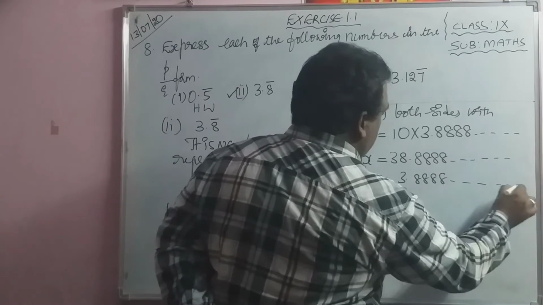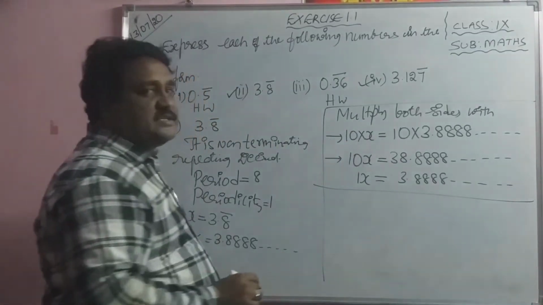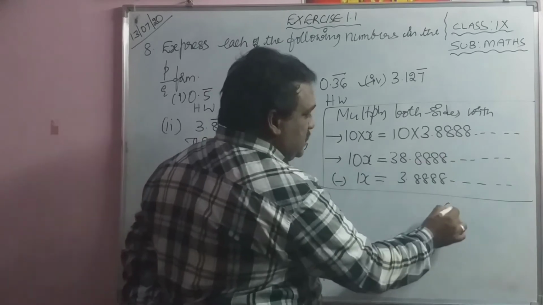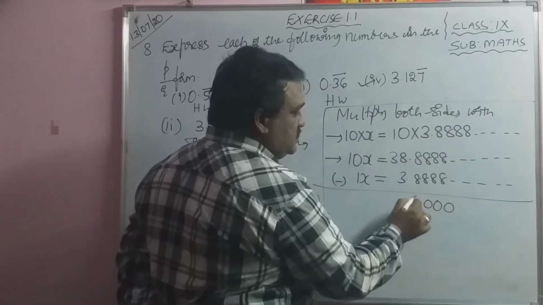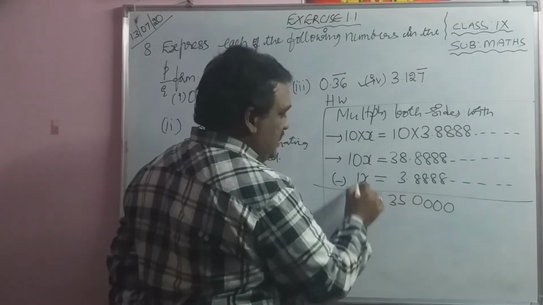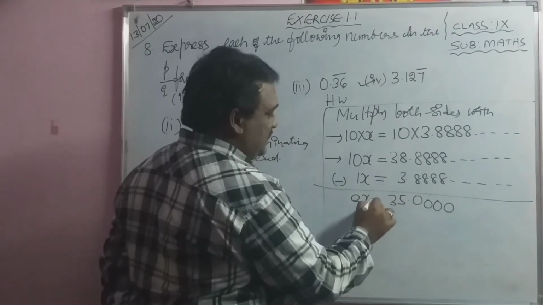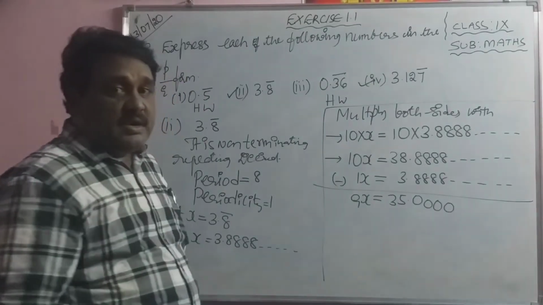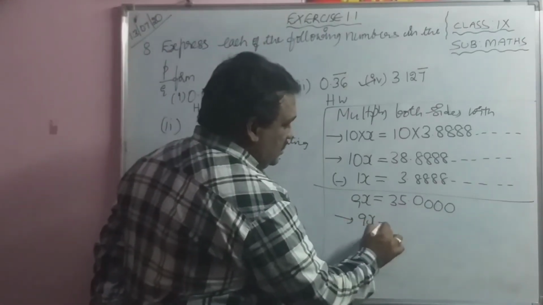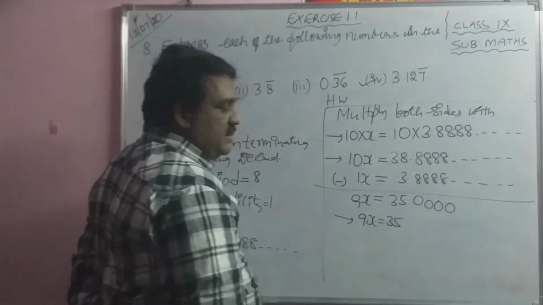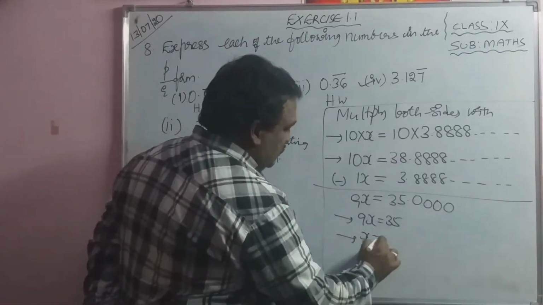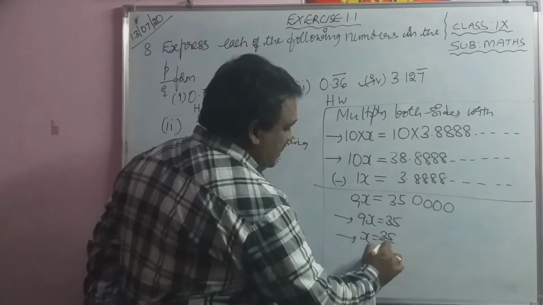1x equal to 3.8888 and so on. Let us do the subtraction. 10x minus x gives 9x, and 38 minus 3 gives 35. So 9x equal to 35, x equal to 35 by 9.